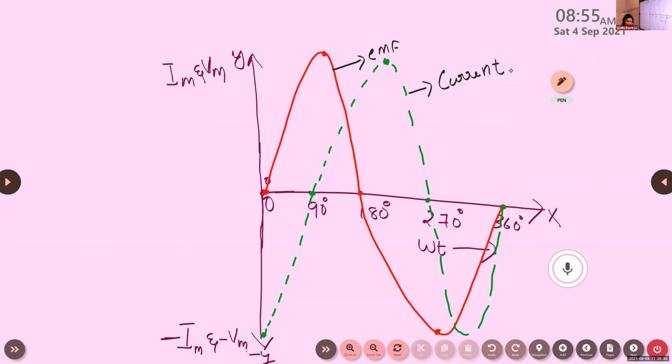Is it clear? Yes. Okay. Then what about our next step? So here we derived the equation for current. Then we found the graphical representation for AC voltage through inductor. Then what about our next step?